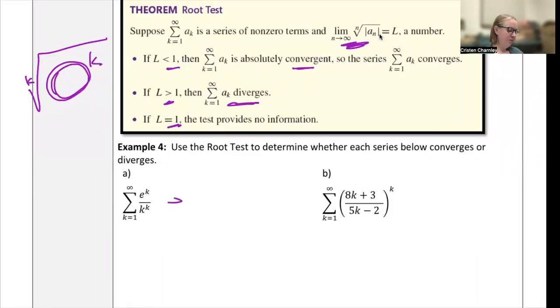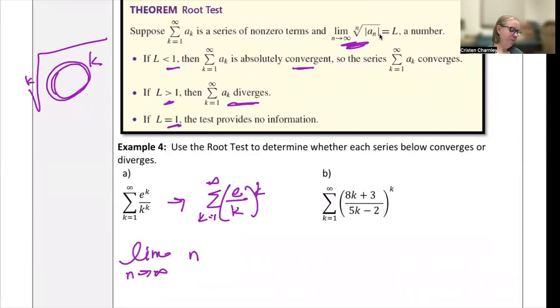So this problem for part A, I can rewrite as the sum of e over k to the k, k equals 1 to infinity. So what I'm allowed to do is I'm allowed to say, okay, what's the limit? I'm going to switch over to n's. As n approaches infinity of the nth root of e over n to the n power. I switch the k to n.